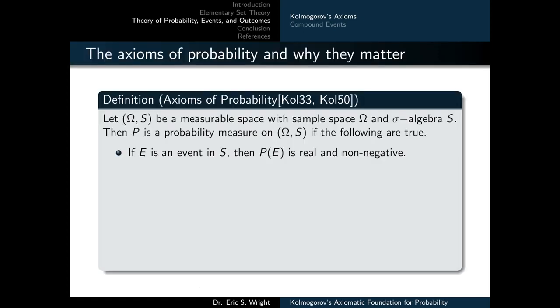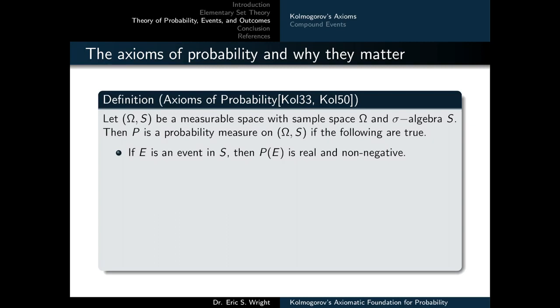We're finally in a position where we can state the three axioms of probability, show how they effectively define what a probability measure is as a part of the probability space, and then think a little bit about why they matter. So the definition begins that if we have a measurable space, omega comma S, with a sample space omega and a sigma algebra S, then P is a probability measure on omega and S if the following are true.